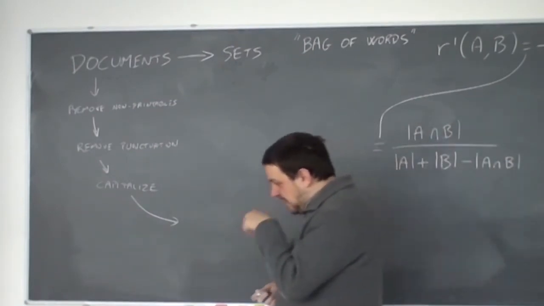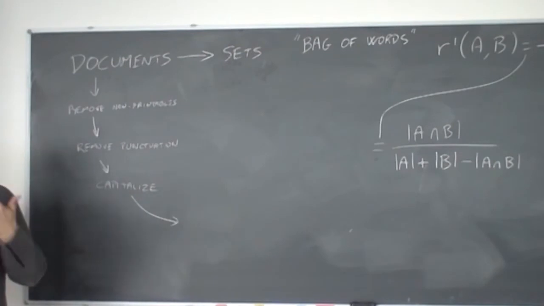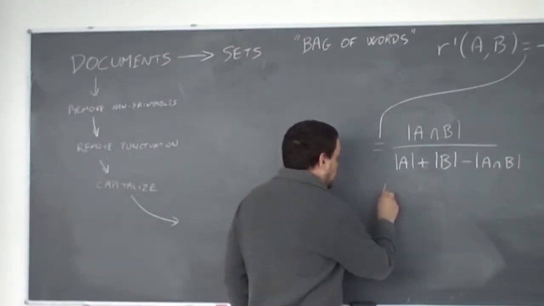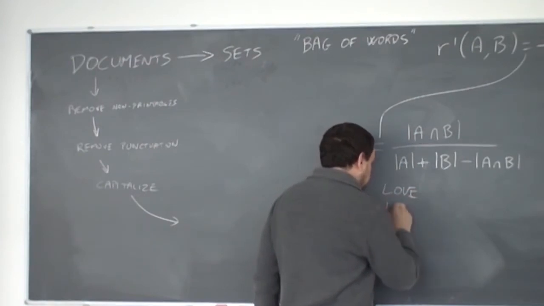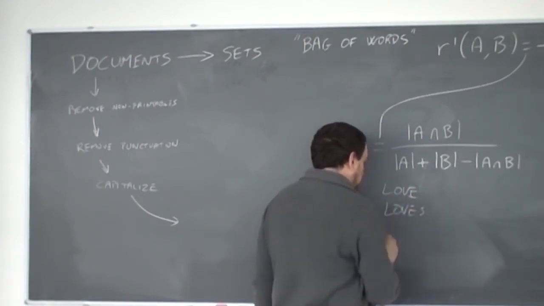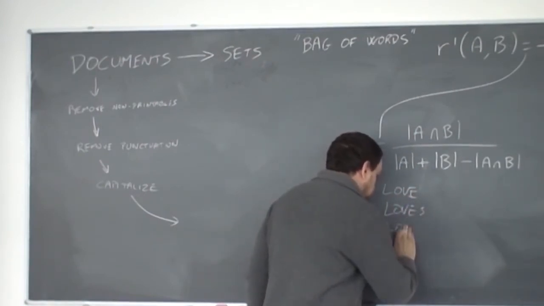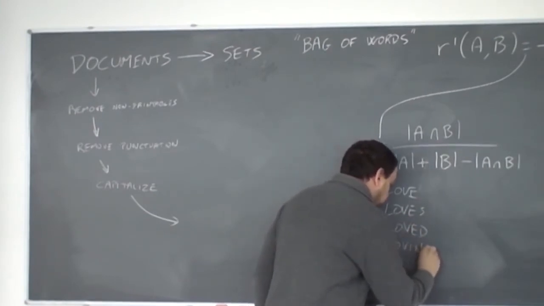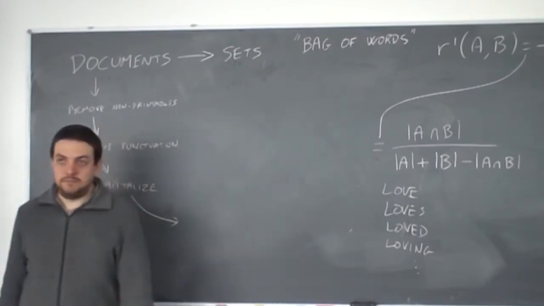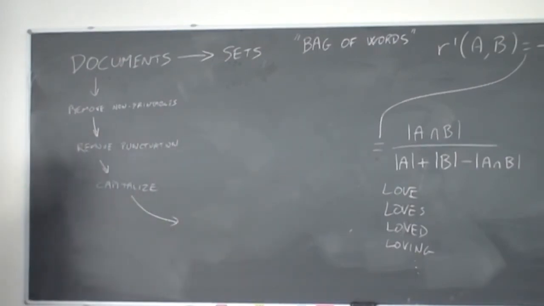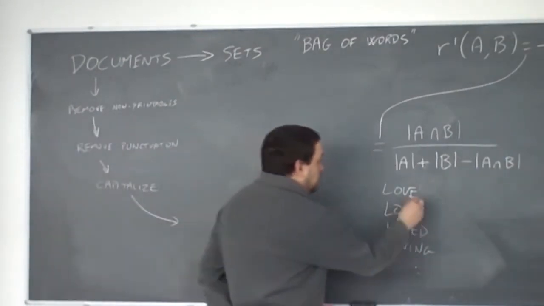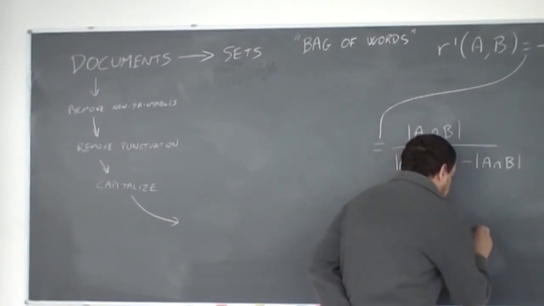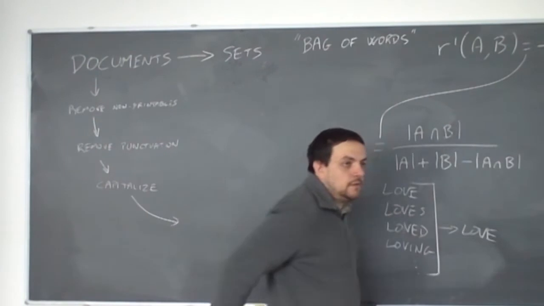Okay, this is nice, but what about different forms of the same word? So, for example, the word love and the word loves, or loved, or loving, and so on. Actually, maybe they should all be collapsed to the same word.